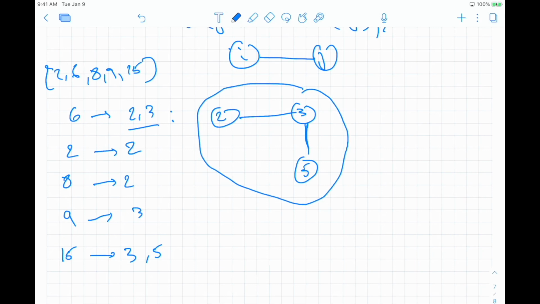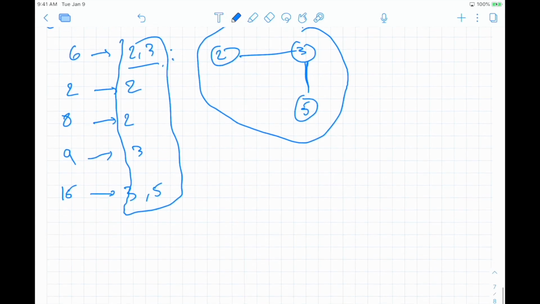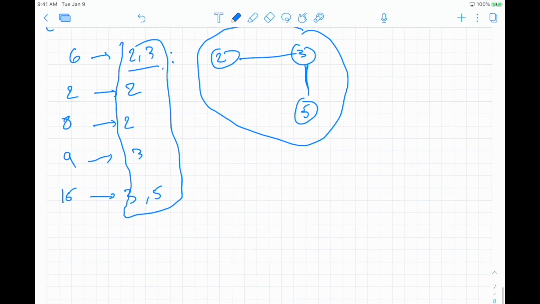What does that mean? Well, this means basically that each number shares a factor with one of these. Okay, because otherwise, let's say for example, if we had a number that doesn't share a factor with these, maybe let's say we have 11, okay?